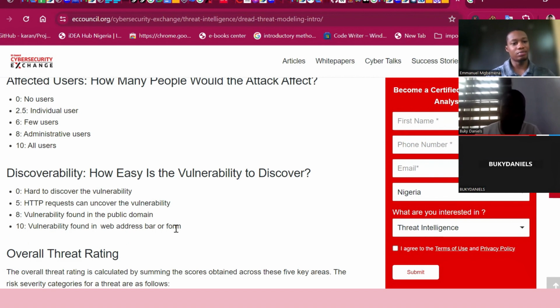I don't think it's related to this. When they talk about HTTP, they're talking about a web application or web server. So in this case I'm not even sure what scoring we can give it.